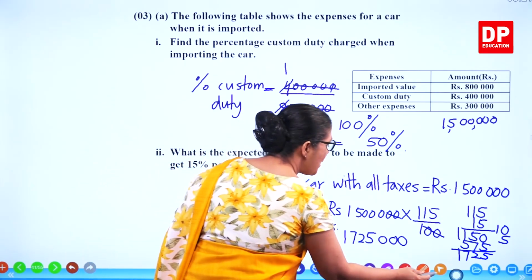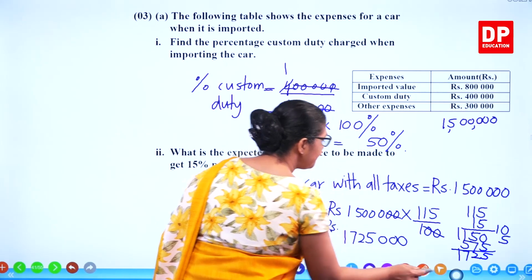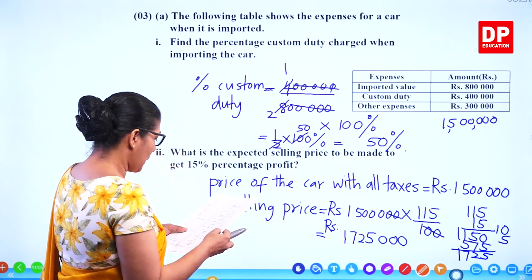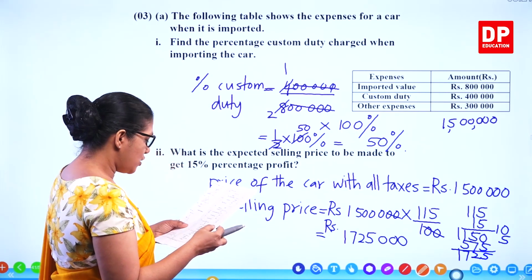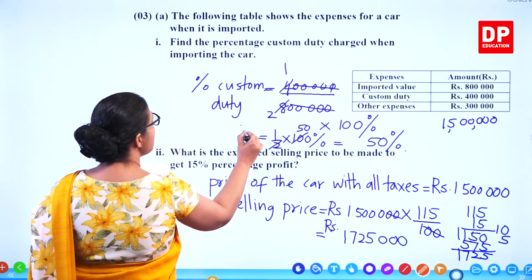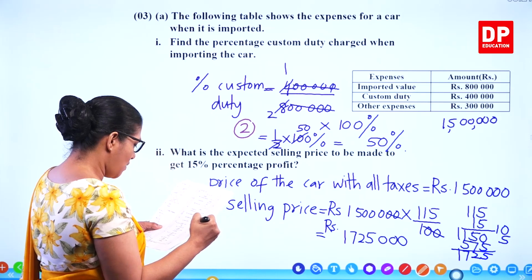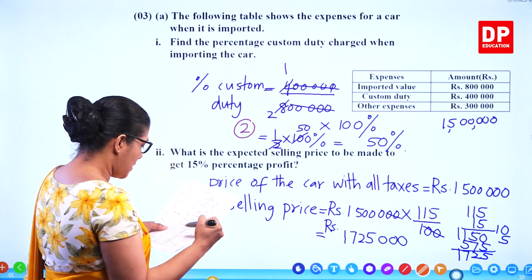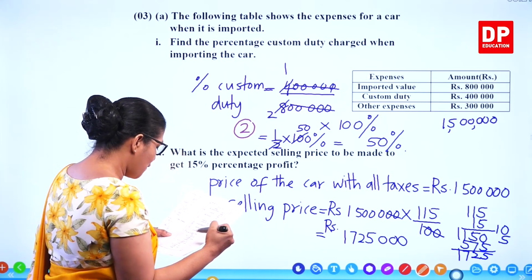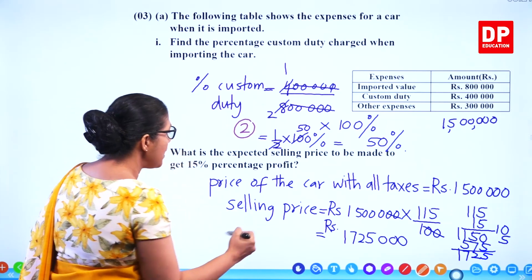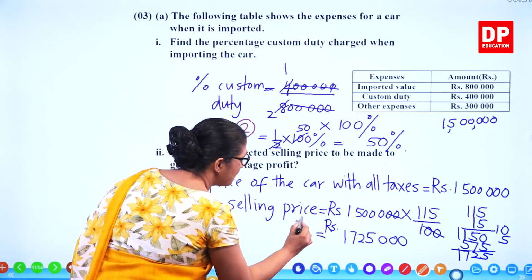So we'll see how many marks for this step. 2 marks for this step, and 3 marks. 1,725,000 rupees, you get 3 marks for this step.